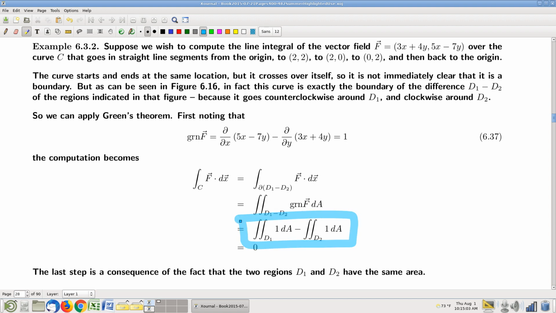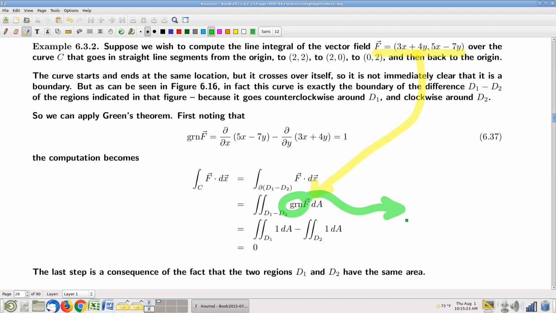So I'm computing the integral on D1 minus the integral on D2. Okay, and now I've got a couple of separate integrals. By the way, you can compute Green's operator. Now this, again, is a little bit of algebra, but take this vector field, plug it in, compute Green's operator, and it's 1. Easy calculation.